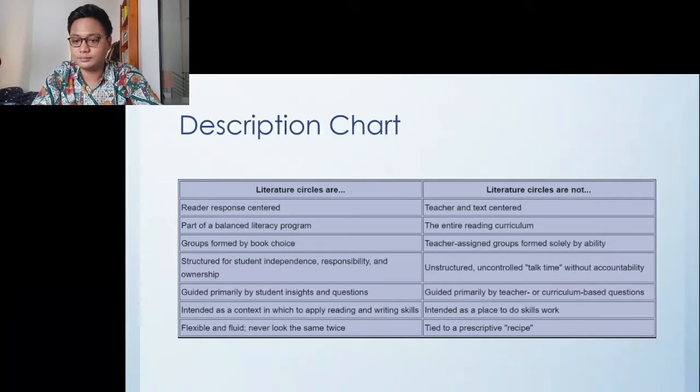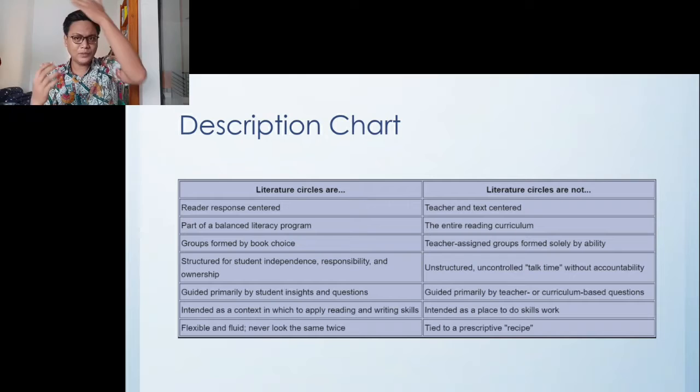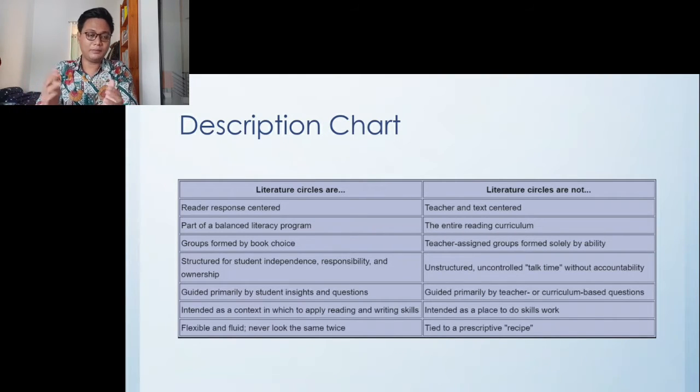The next slide is the description chart. Literature circles are reader-response centered, not teacher and text centered. Why? Because reader-response centered is more important than teacher and text centered, because the main point of the literature circle itself is the discussion between the students about their readings.